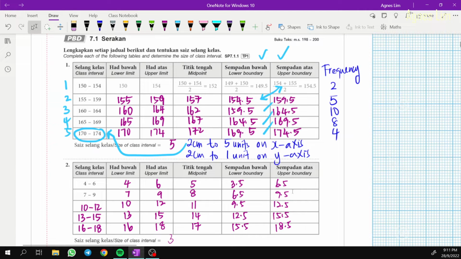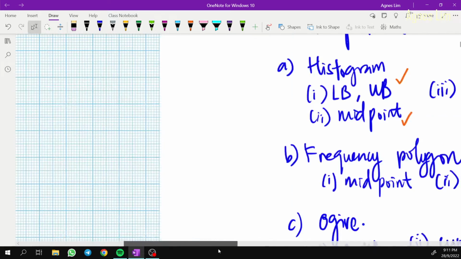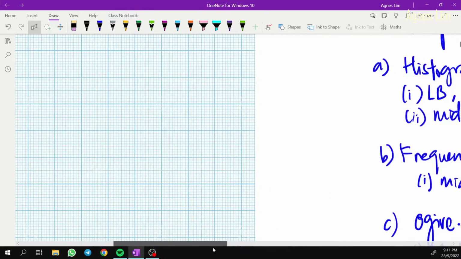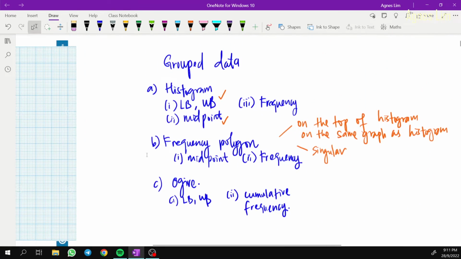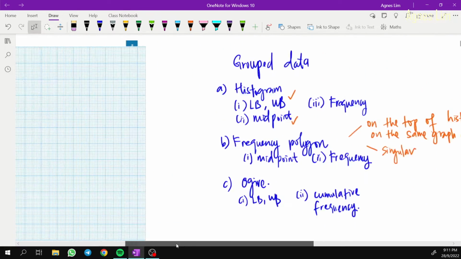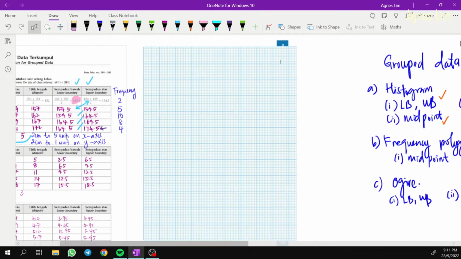Okay, so the first number that we are going to put on is actually our lower boundary, followed by the rest of the numbers, and ends at the upper boundary, right? So let's go over to our graph paper. I'm going to make my screen smaller so that you can see the overall of the paper.